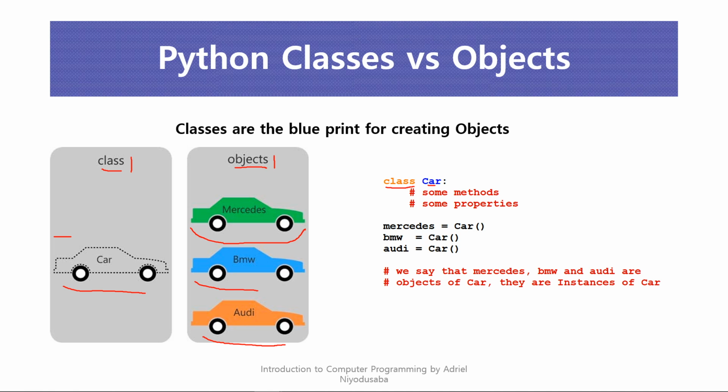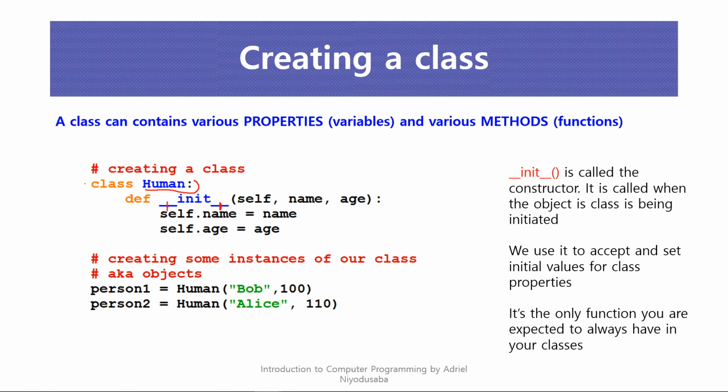Those are the properties, the features of this car. And the methods would be like the behaviors of this car. The car can honk, it can start an engine, it can drive, and so on. So the methods define the behaviors and the properties define just the properties.